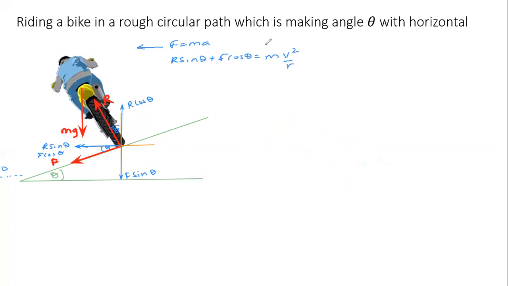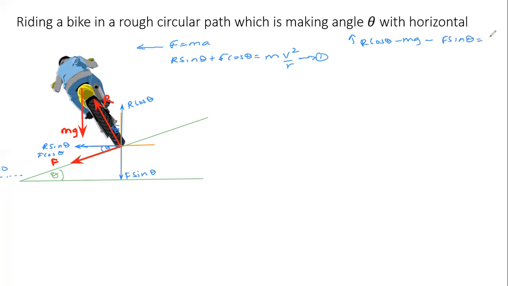So I take this formula as equation number 1, and then I'm going to consider the vertical equilibrium. Considering the vertical equilibrium, I have R cos theta upward, and then minus mg and minus f sin theta.